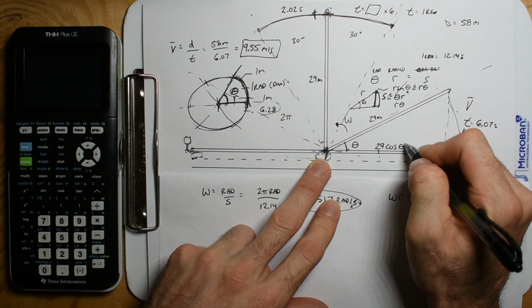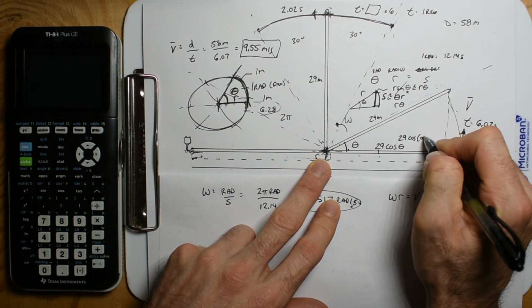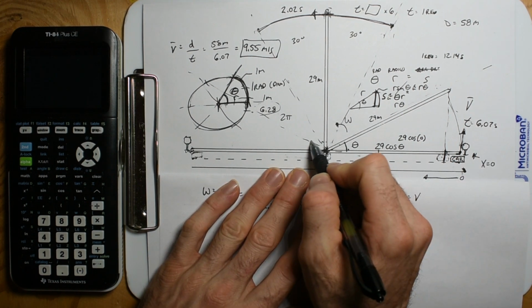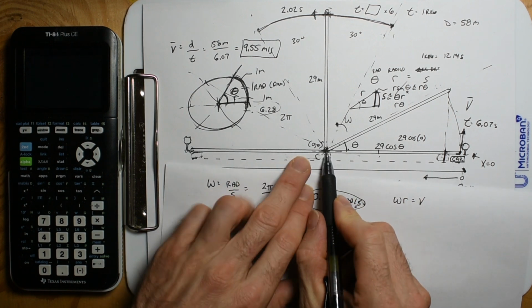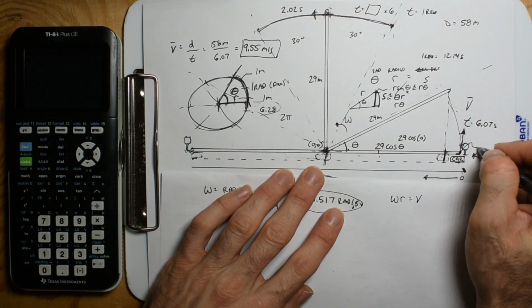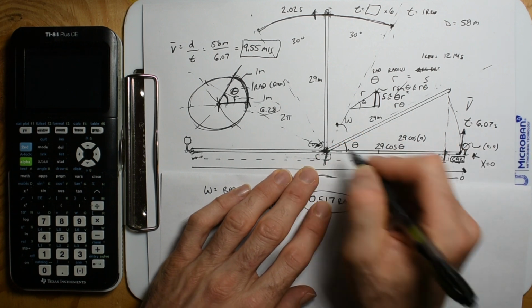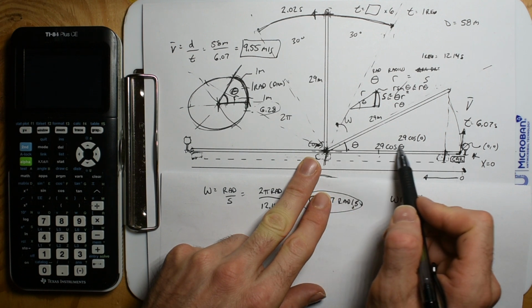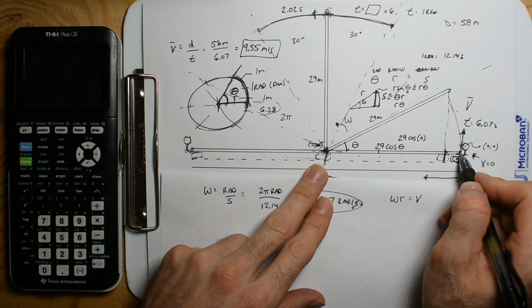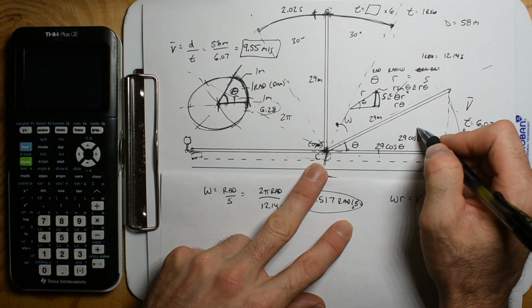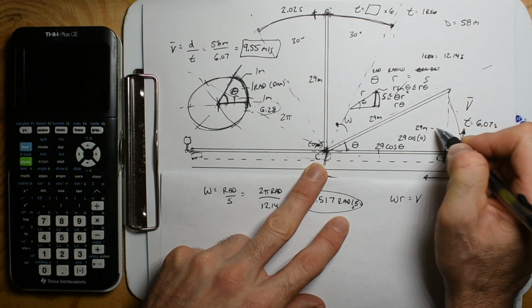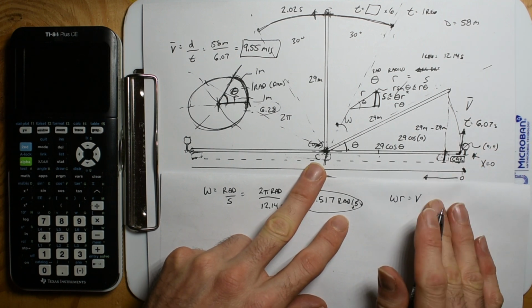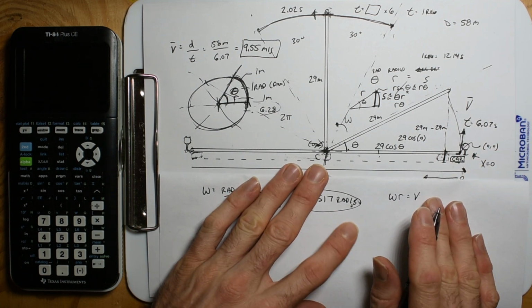So to start out, it's 29 cosine of 0, which gives 29 meters, but we want to make this the origin right here. So I need to subtract 29 meters to get 0. So I think that will work out.